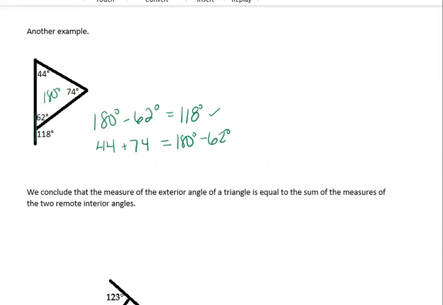And 180 minus 62 right up here, we just said was 118. So these remote interior angles to this exterior angle are equal. 44 plus 74 equals 118. So we can conclude that the measure of the exterior angle, this one over here, is equal to the sum of the remote interior angles.